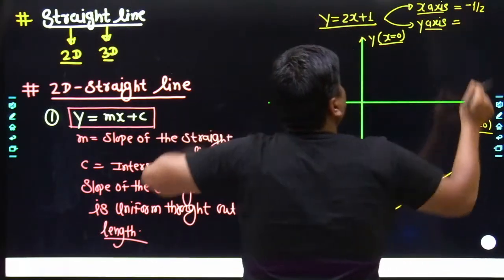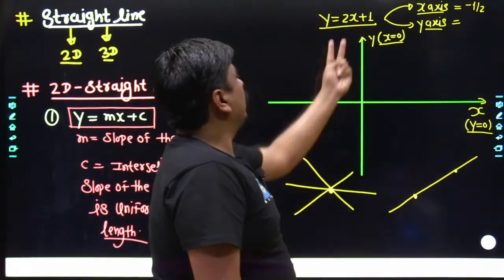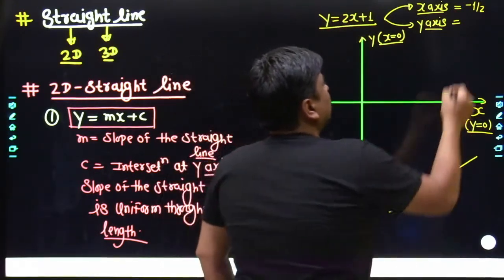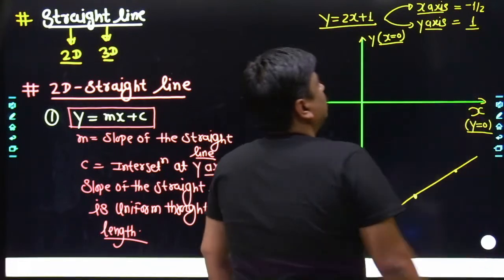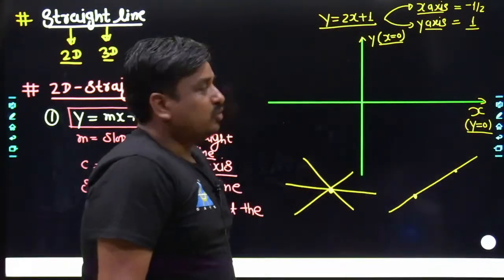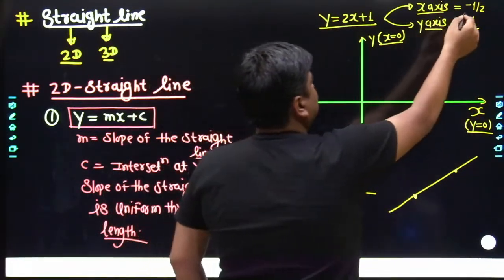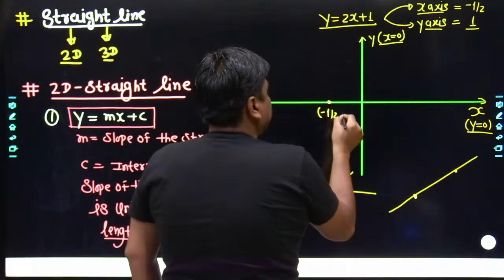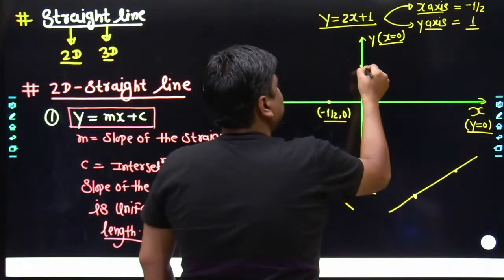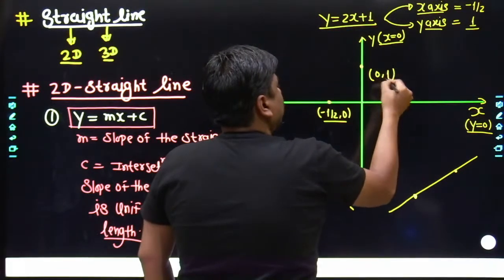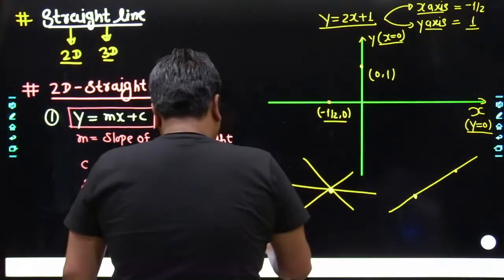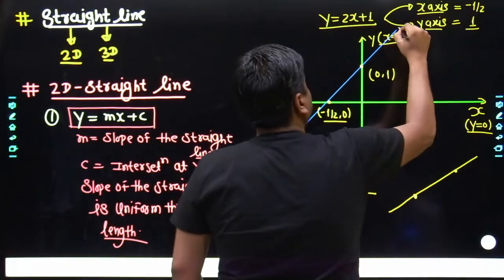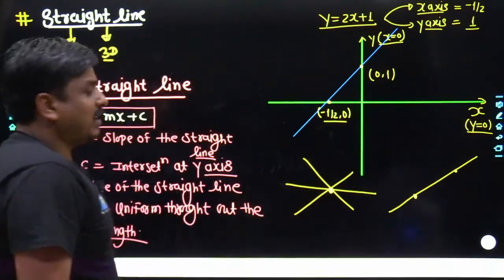And similarly for the y-axis, that means keeping x equal to 0, when I fed the value of x as 0, the value of y has been precisely found to be 1. Agree? So at the x-axis, it crosses through minus 1 by 2 comma 0, and over the y-axis it crosses through 0 comma 1, and you can connect them together, and that would be a straight line. Could you understand what exactly I wanted to say?